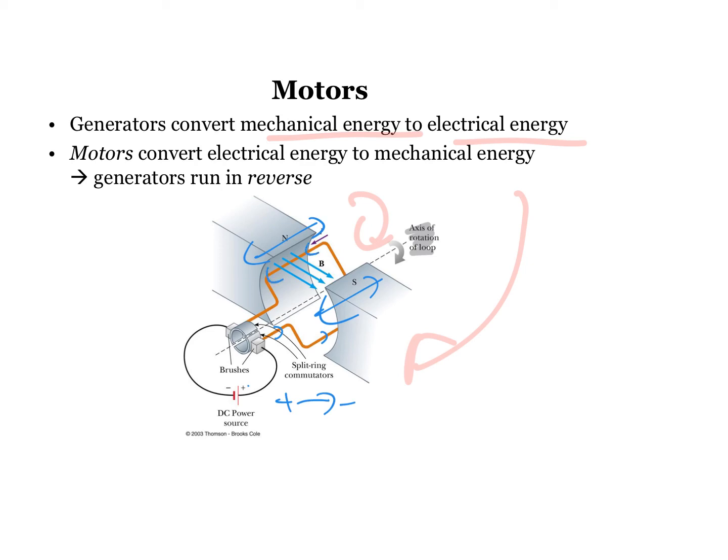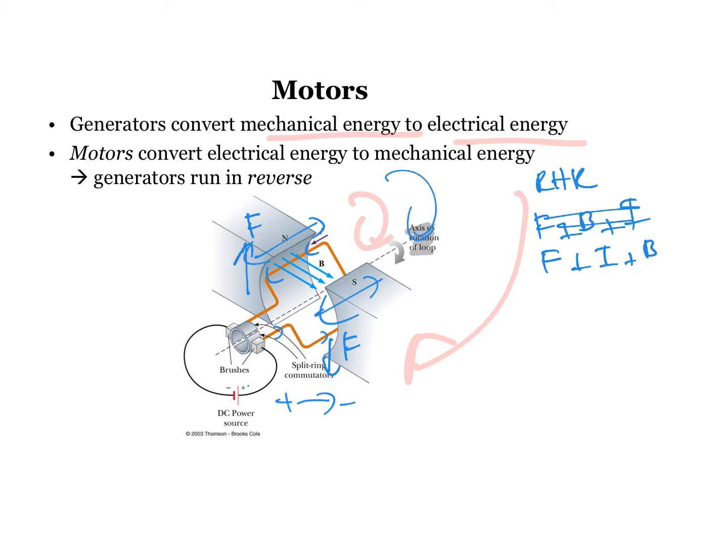Using your right hand rule, which is FBI, it should be FIB. So you are going to get north to south in this direction. And the current over there means that this one is going to have force downward, and this one force upward, and that's the reason why it's moving in a clockwise motion.